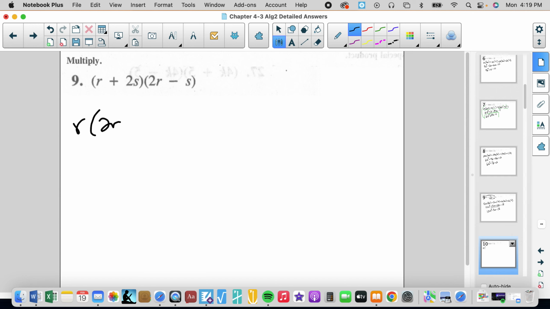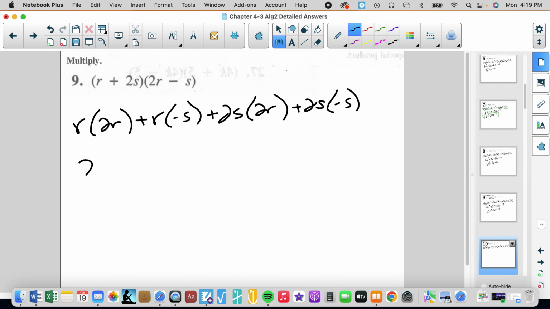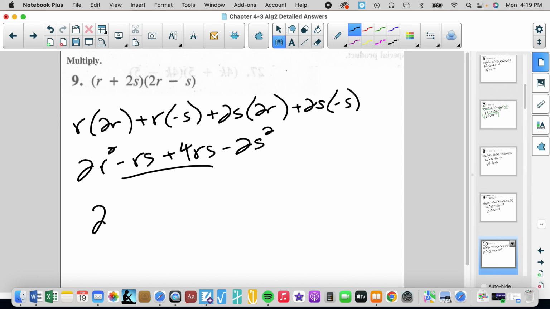R times 2r plus r times negative s plus 2s times 2r plus 2s times negative s. 2r squared minus rs. We're going to put our variables in alphabetical order. Plus 4rs minus 2s squared. These are like terms. 2r squared plus 3rs minus 2s squared.